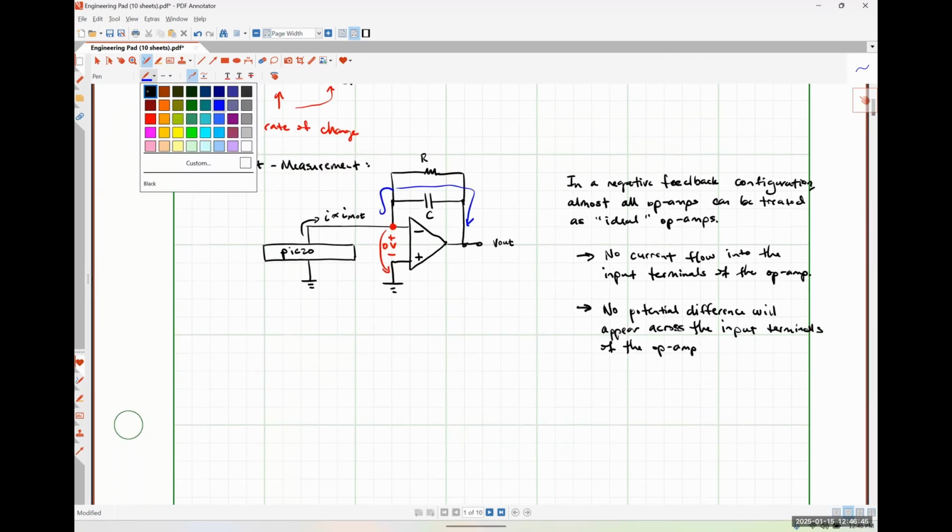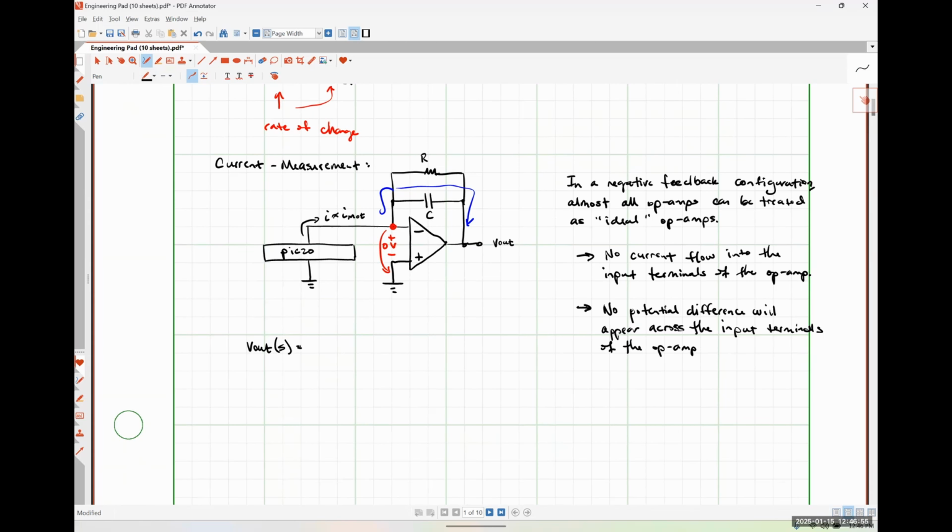So from this, we could say that our output voltage as a function of s is going to be equal to negative our motional current times R in parallel with 1 over sC, where 1 over sC is the impedance of our capacitor.